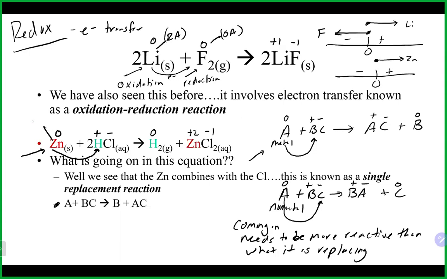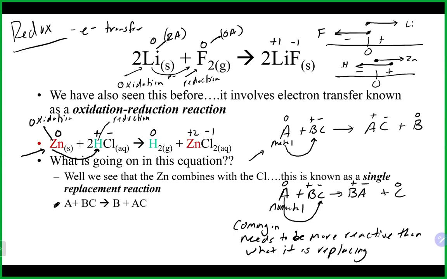The zinc here is going through oxidation. And if you look at the hydrogen in this case, the hydrogen is starting at +1, which is over here, and ending at 0, which is to the left and becoming more negative. So it's actually the hydrogen here that is going through reduction in this case.